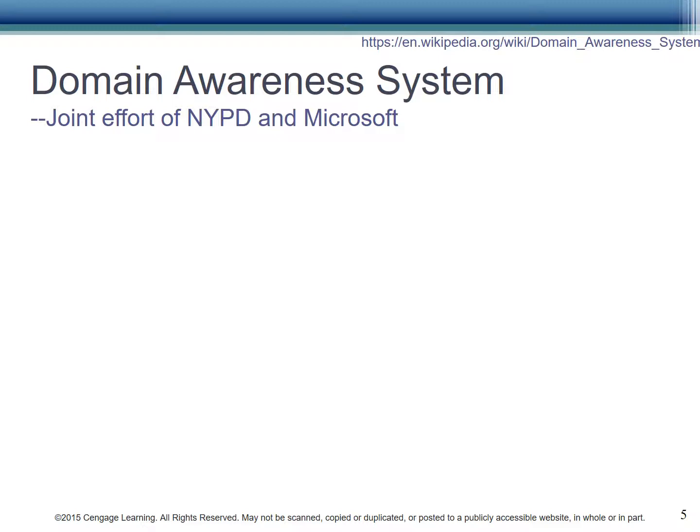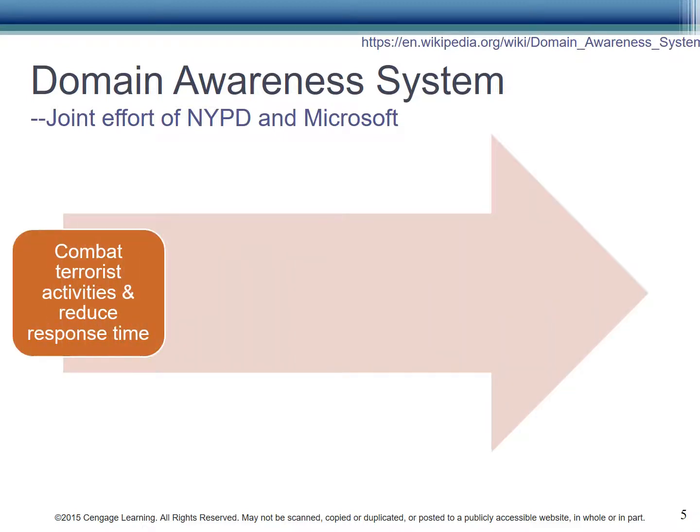The Domain Awareness System is a joint effort of New York Police Department and Microsoft, with the stated goal to reduce the amount of time required to respond to the incident. This system is linked with 6,000 video cameras around the city and includes radiological and nuclear detectors on boats, radiation detectors on helicopters and trucks, and even detectors on police officers' gun belts.